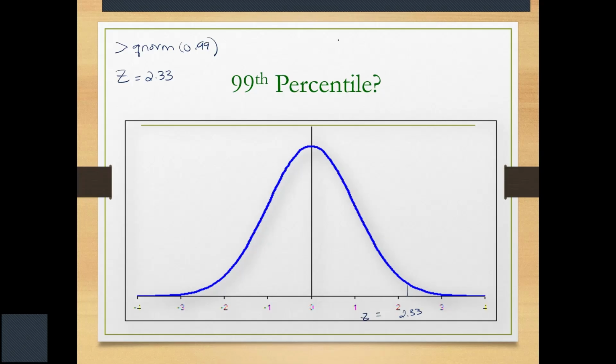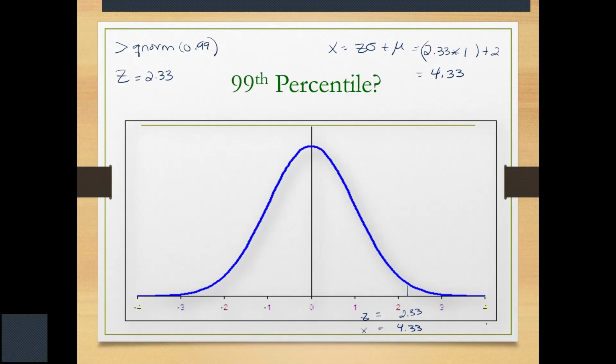In x terms, x is equal to z times sigma plus mu. So our z is 2.33 times sigma, which is still 1, plus our mu, which is 2. So that equals 4.33. In x terms, 4.33.